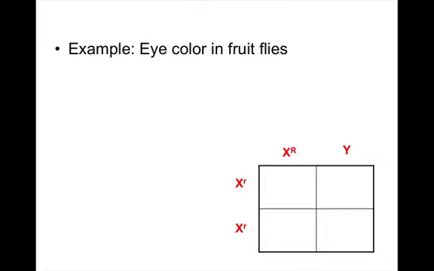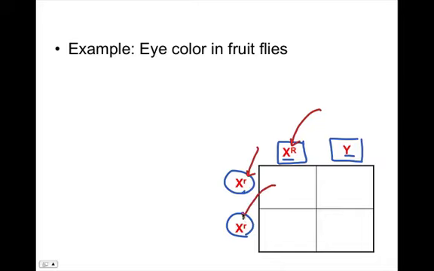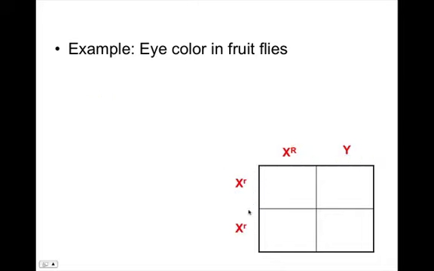You'll notice by looking at the Punnett square, we've got Dad on the top because this is an X and a Y, and we've got the trait as a superscript on the X. Then we've got Mom down the side with her two X's, and of course the trait is superscripted on the X chromosome.